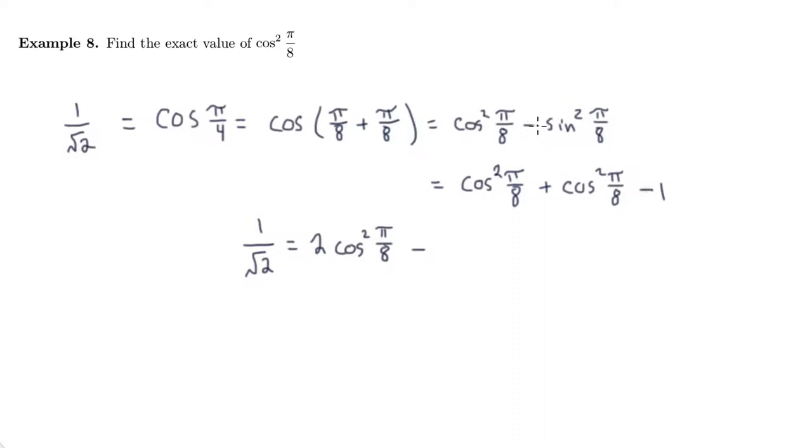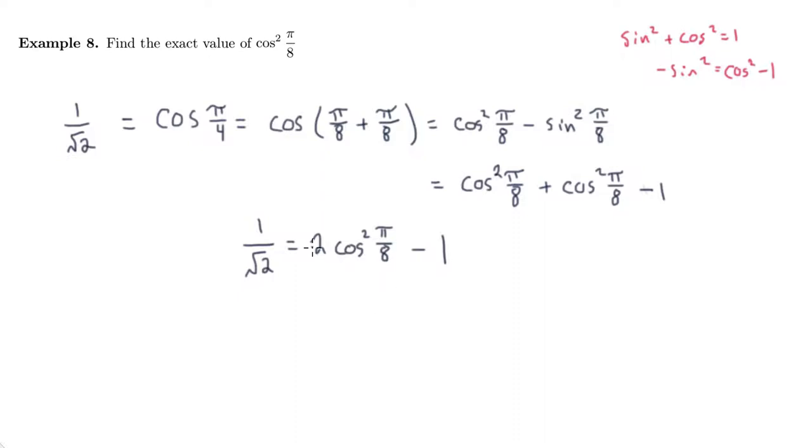Because sine squared plus cosine squared equals 1, so if I solve for negative sine squared, I should have cosine squared minus 1.